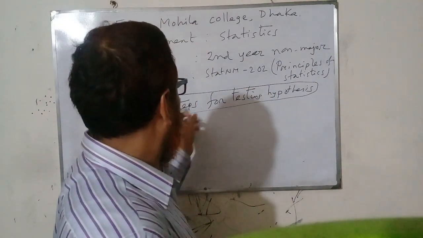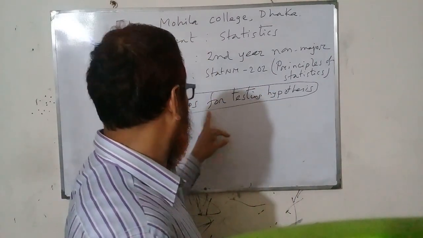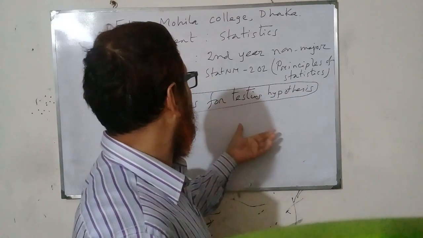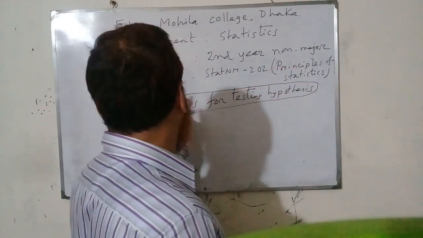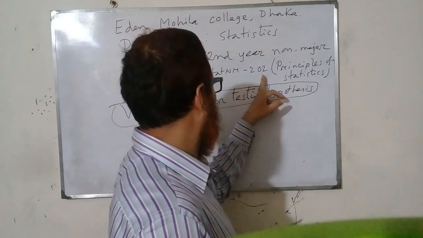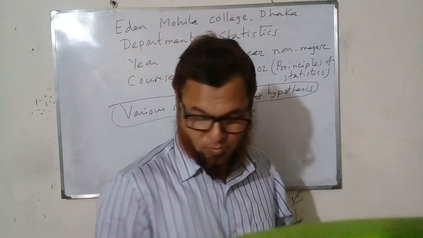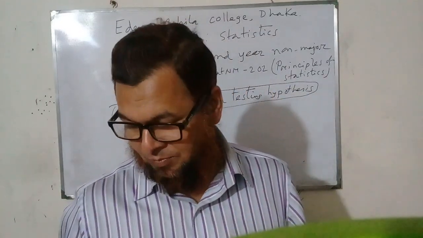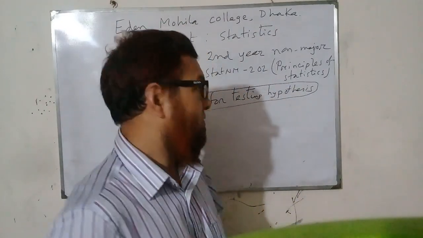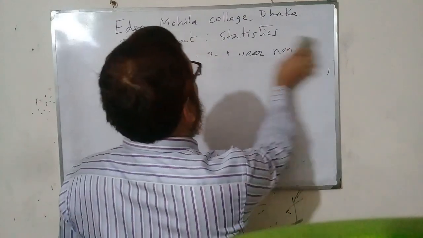Today's topic is various steps for testing hypothesis. Second year non-major course statNM 202 Principles of Statistics. Earlier I have discussed testing hypothesis, null hypothesis, alternative hypothesis, type 1 error, type 2 error, and various definitions.